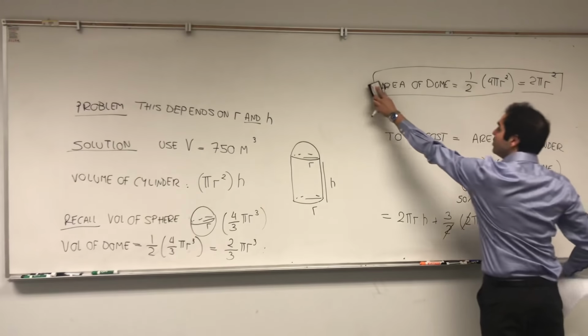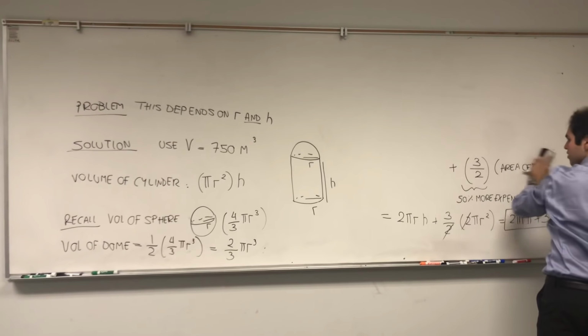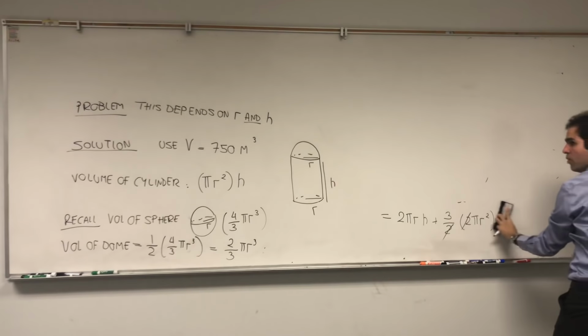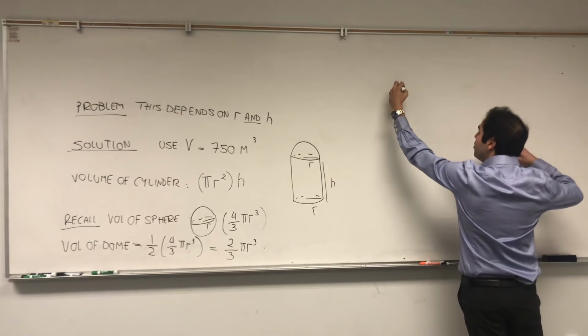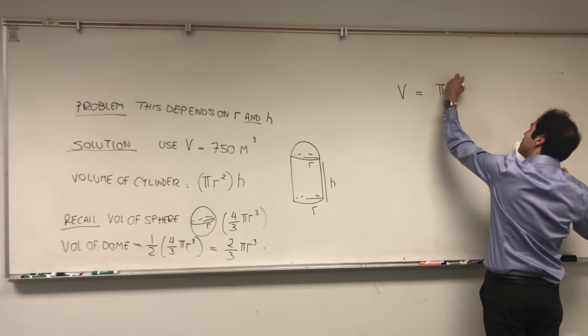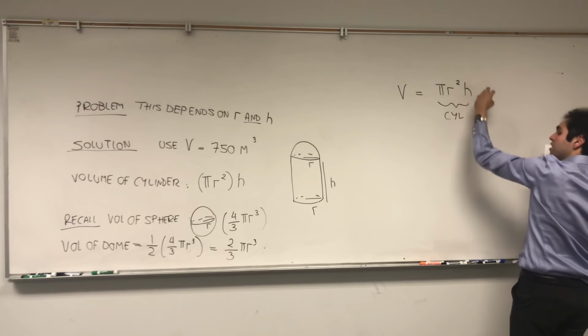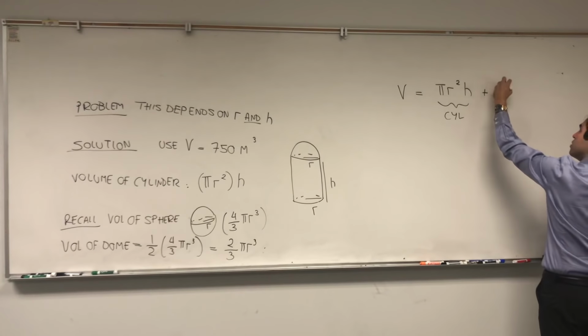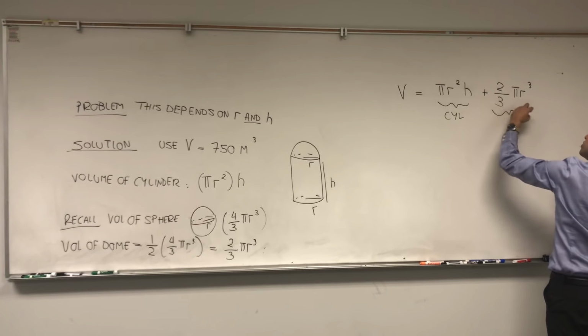And therefore, what do we have? The total volume, which is the cylinder plus the dome, is just the sum of the two. So V equals pi r squared h, which is the cylinder, plus 2/3 pi r cubed, which is the dome.